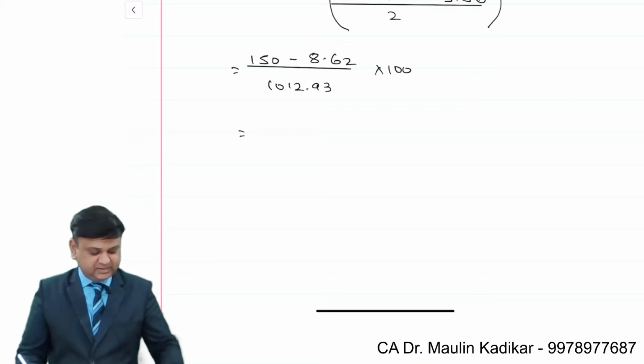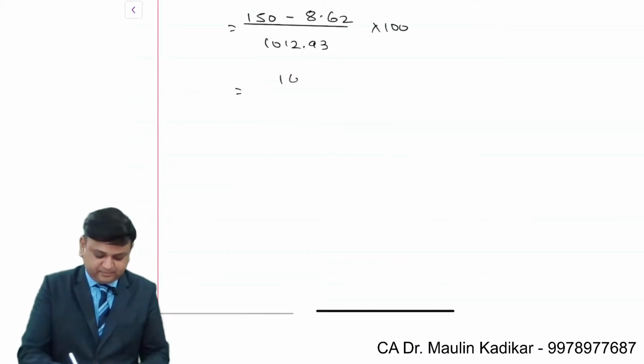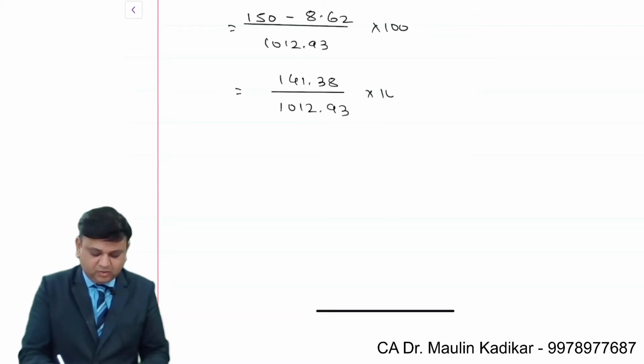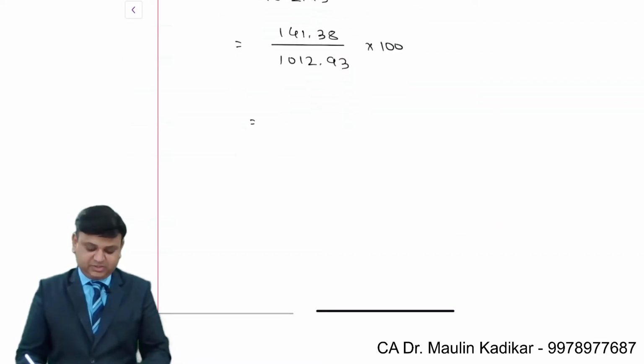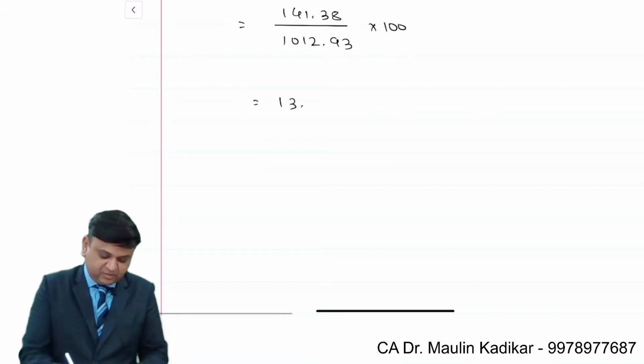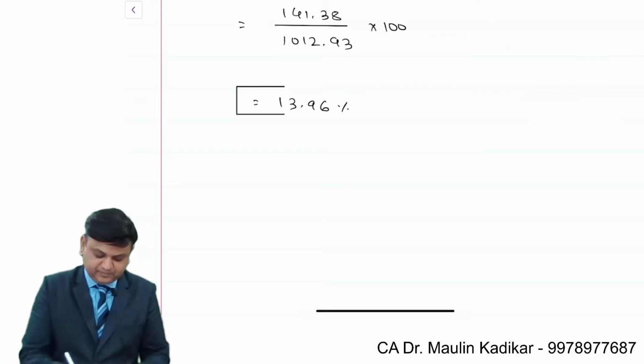So 150 minus 8.62 is 141.38, whole divided by 1012.93 into 100. So the final answer comes to 13.96%, and almost everybody has given the answer of 13.96%.